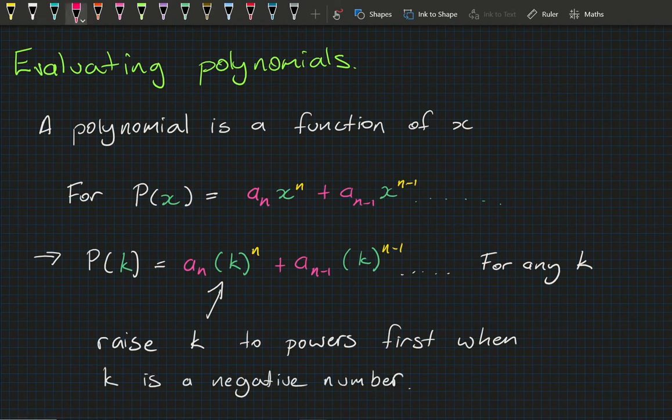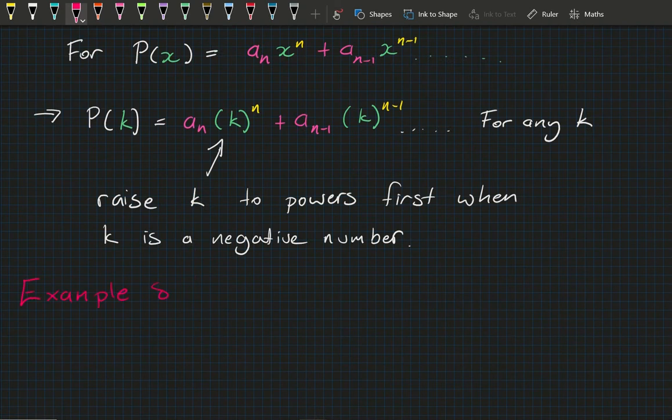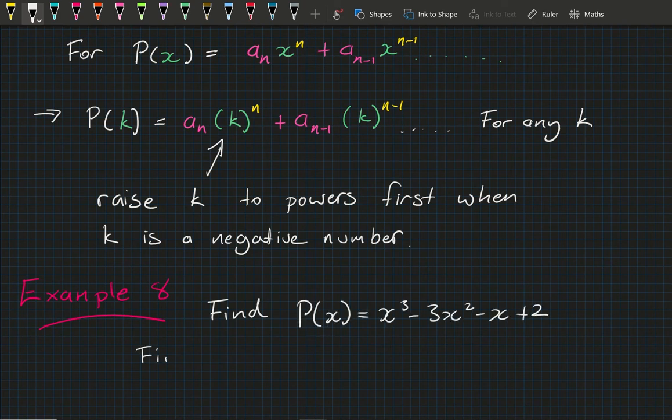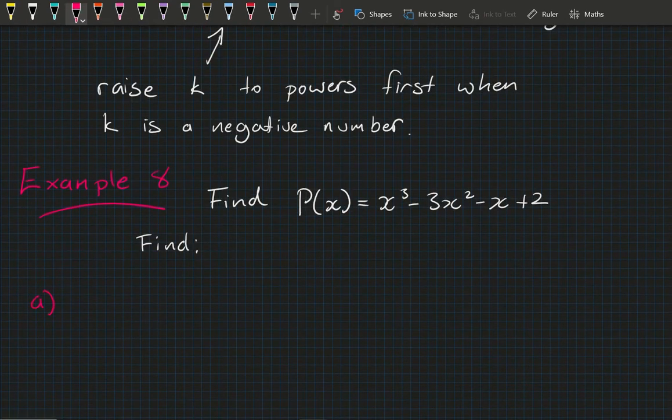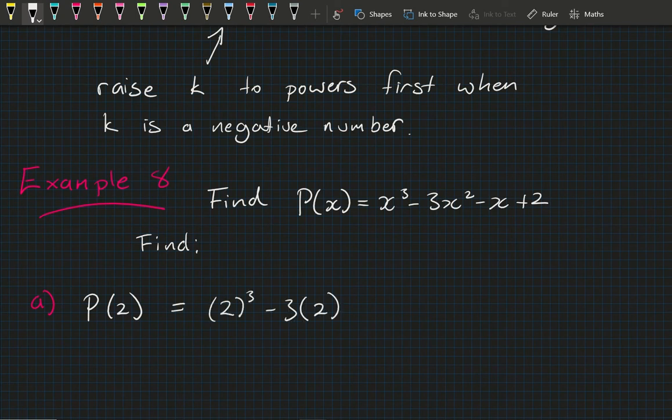Anyhow, let's see this with some numbers in example 8, where for the polynomial x cubed minus 3x squared minus x plus 2, we're going to find the following. So first in part A, we're going to evaluate it for x equals 2. So as I was saying at the start of this section, we now put 2 in for x. Okay, so that means we're going to have 2 cubed minus 3 times 2 squared minus 2 plus 2.